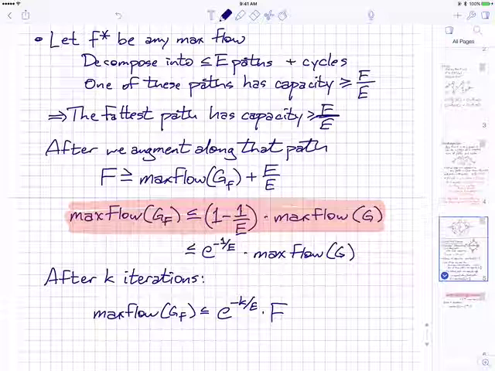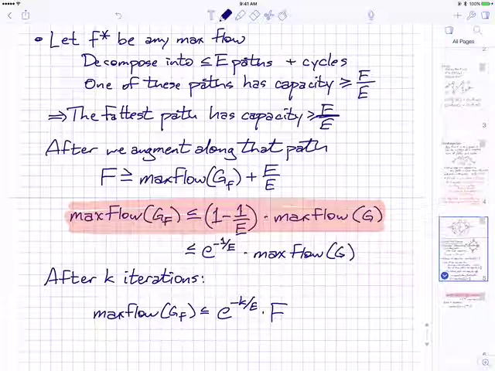Okay. So now I want to derive a good value for k here. That says after some value k of iterations, the maximum flow that I have left is so small that I know the algorithm must have already stopped.